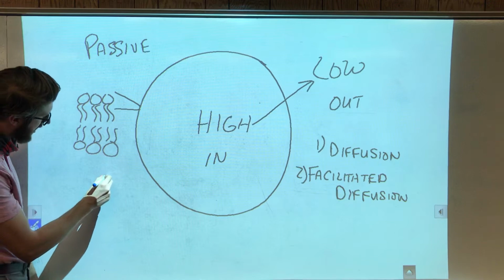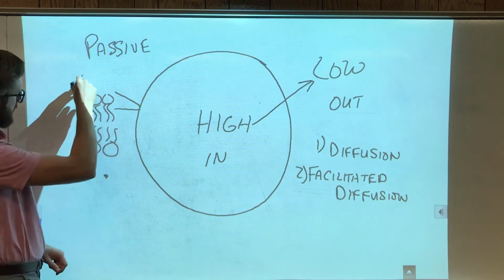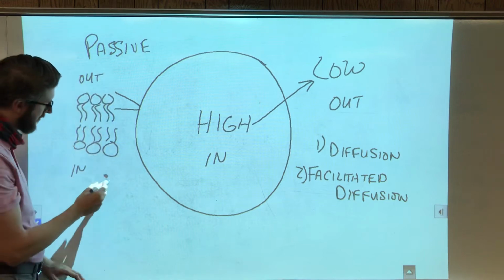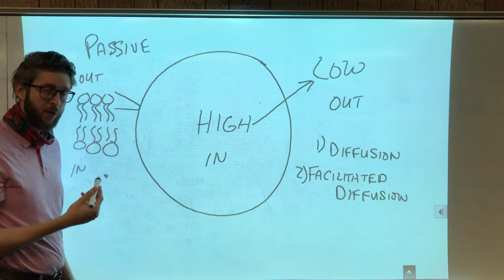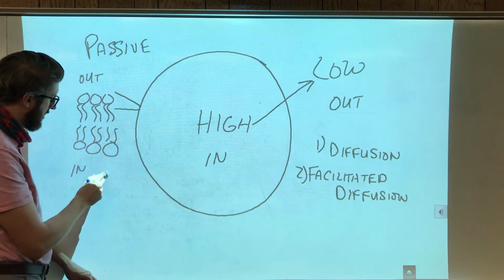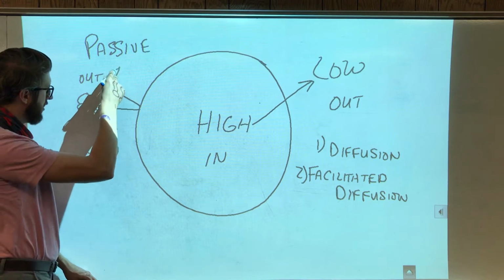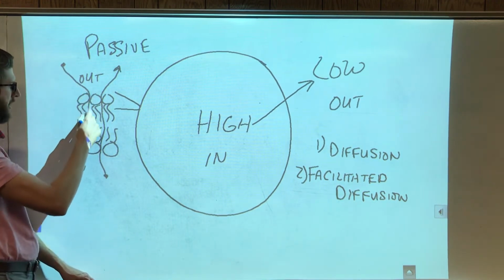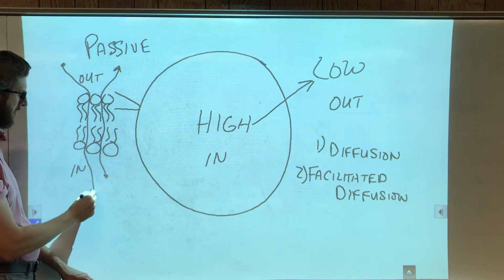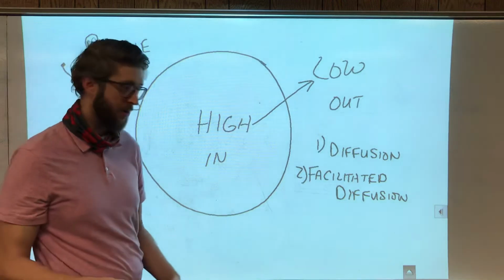So if something is tiny enough and it needs to go from inside the cell to outside the cell, or vice versa, if it's small enough, like oxygen or carbon dioxide, these are tiny molecules. They can actually just squeeze right through there and go in any direction, in or out, that they need to at any time that they need to, because they're that small.